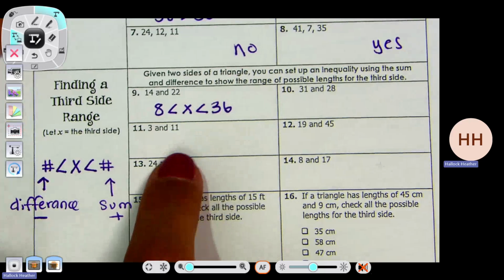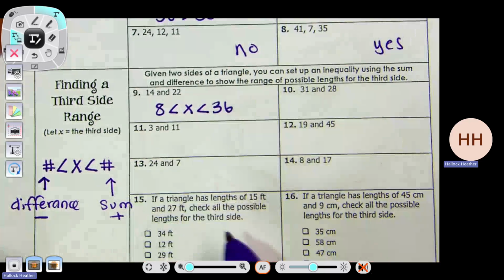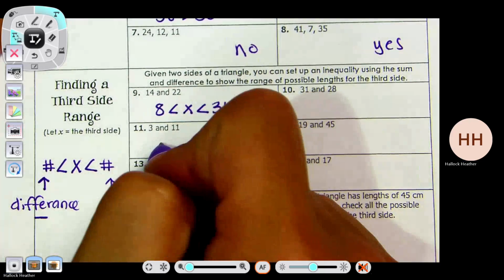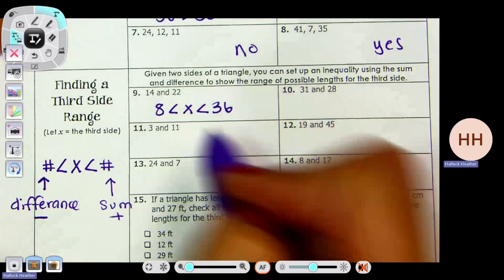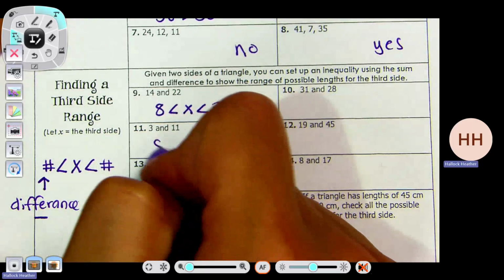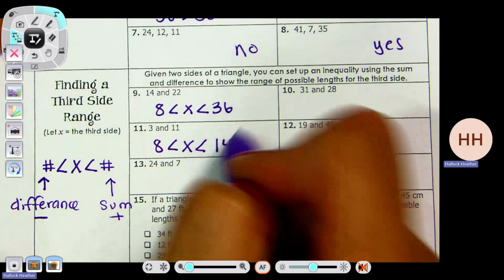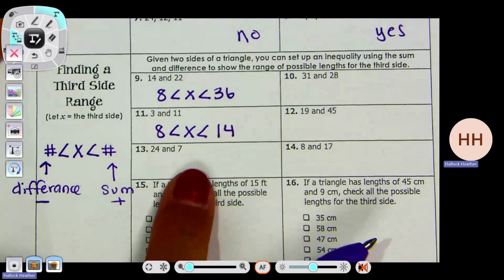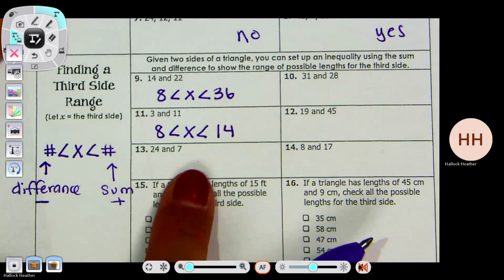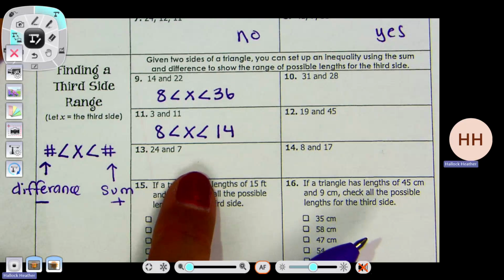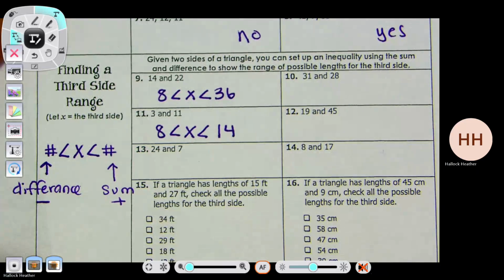So let's go straight down to 11. If I subtract these two numbers, what do I get? 8. And if I add them, what do I get? 14. So try 13 real quick. Use a calculator, don't hurt your brains.